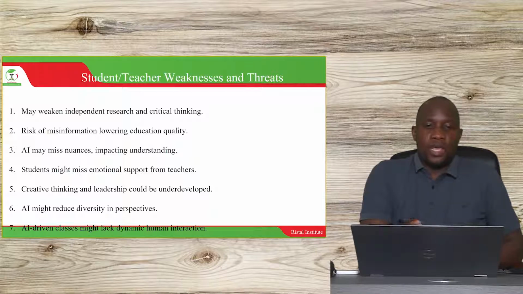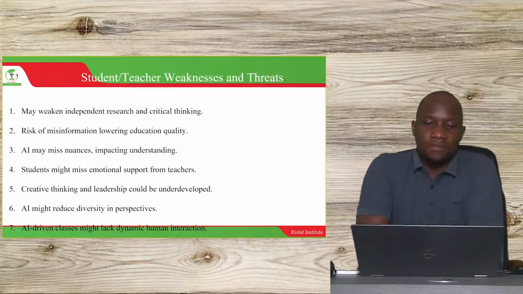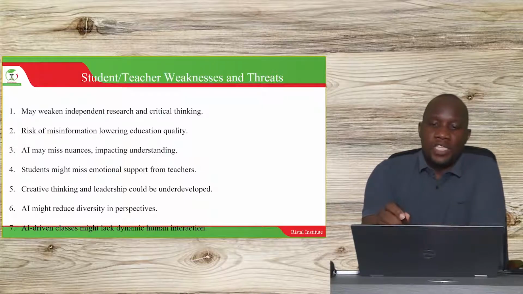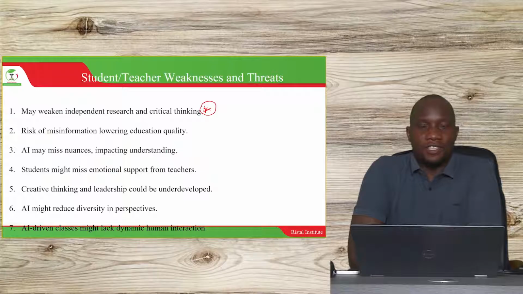So here, looking at the student-teacher weaknesses and threats that AI possesses, point number one is that AI should not replace your thinking, whether as a teacher, whether as a student.